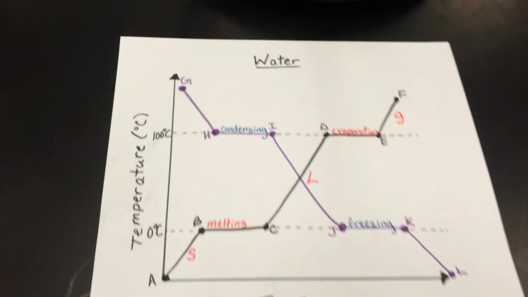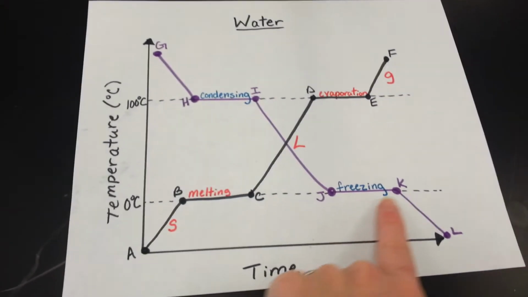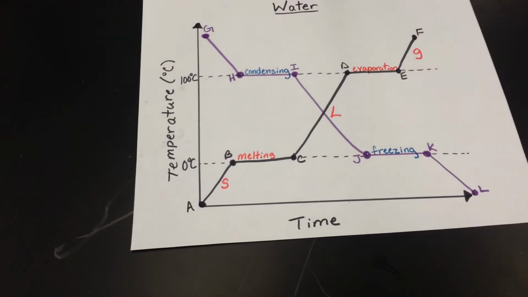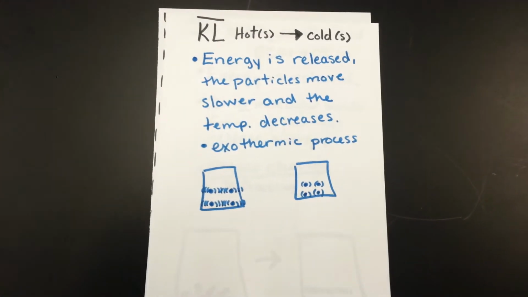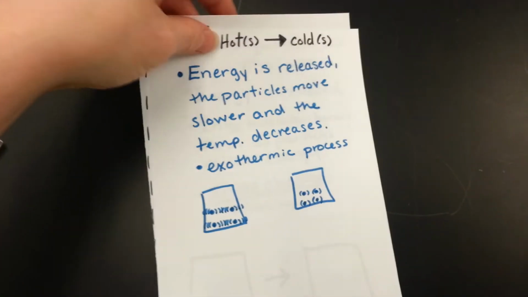So if we now start back over here at the top, and we work our way down the cooling curve, it's essentially the same things, but there'll be a key change in the wording.